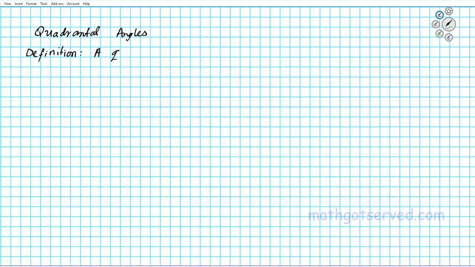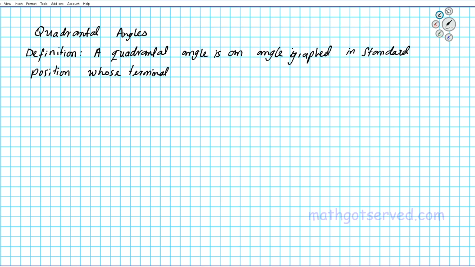A quadrantal angle is an angle graphed in standard position, so basically on a coordinate system, whose terminal side lies on one of the axes.